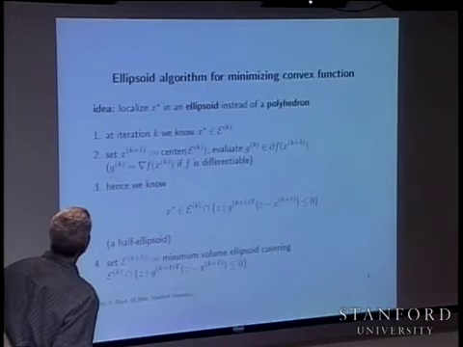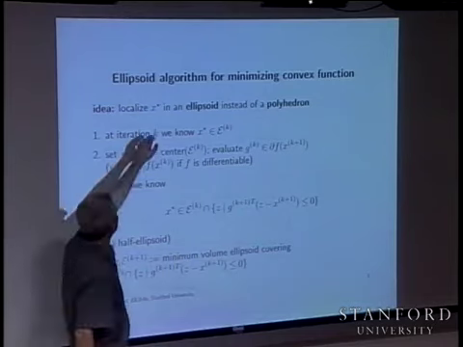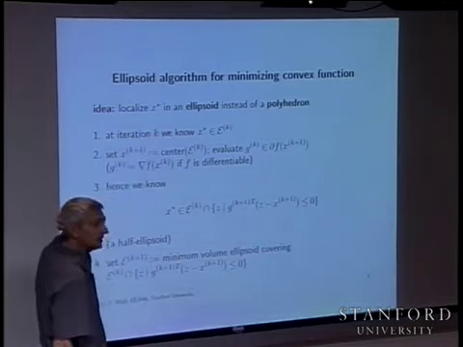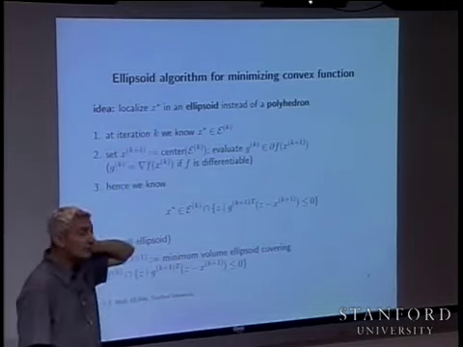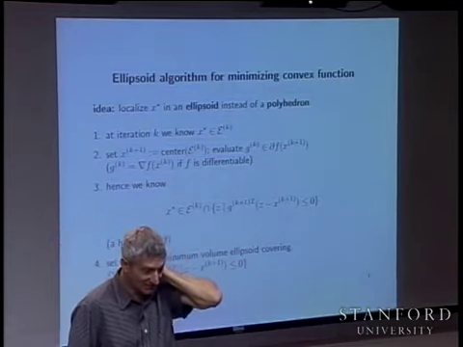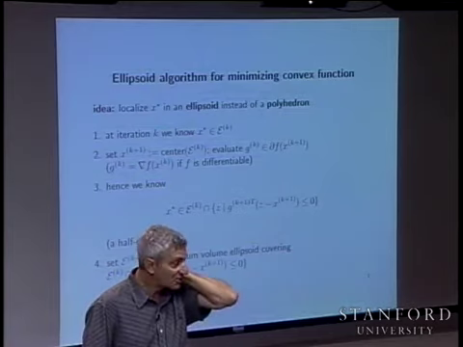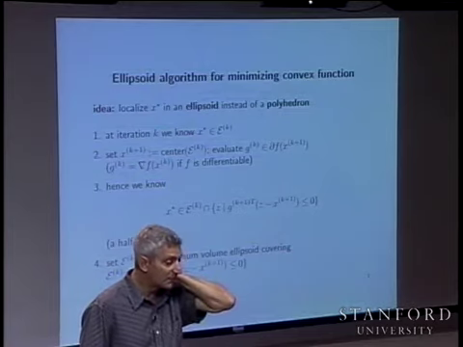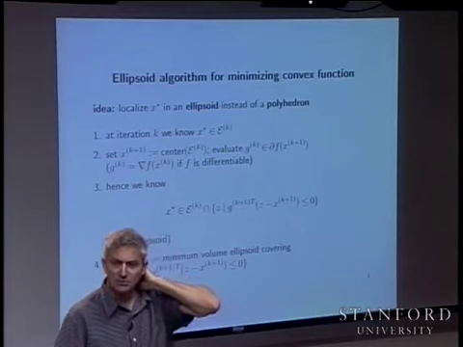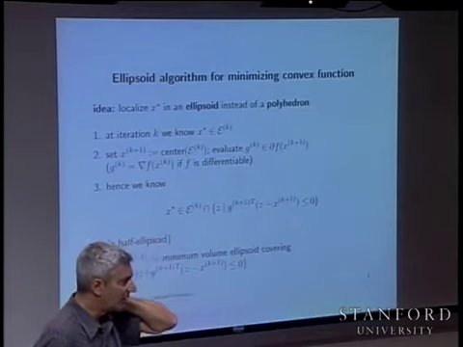The idea is this: you're going to localize the point you're looking for in an ellipsoid instead of a polyhedron. By the way, that's actually a very cool idea. What's required to describe an ellipsoid? What's the size of the data structure in Rn?